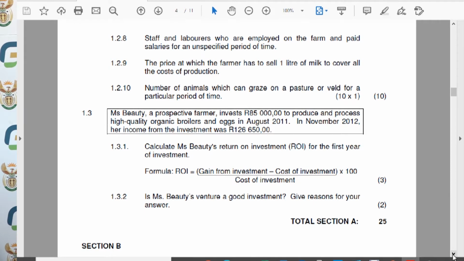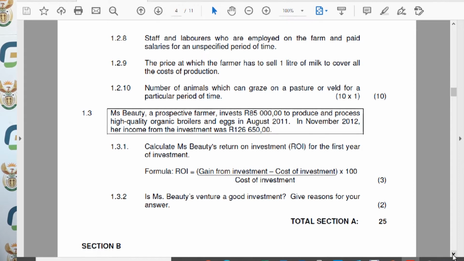In November 2012, her income from the investment was 126,650 rands. The first question says, calculate Miss Beauty's return on investment for the first year of investment.